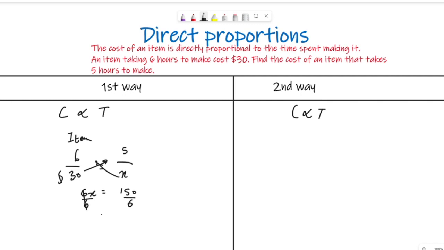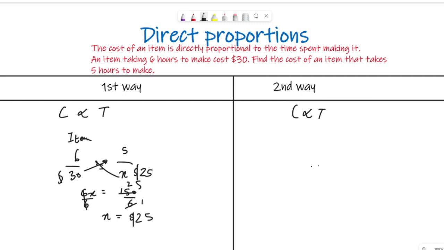So x is equal to 150 divided by 6, which is 25. The other item, which took 5 hours, will cost you $25. You see, the number of hours came down and the price came down to $25. So this is direct proportion, and this is how we figure it out.